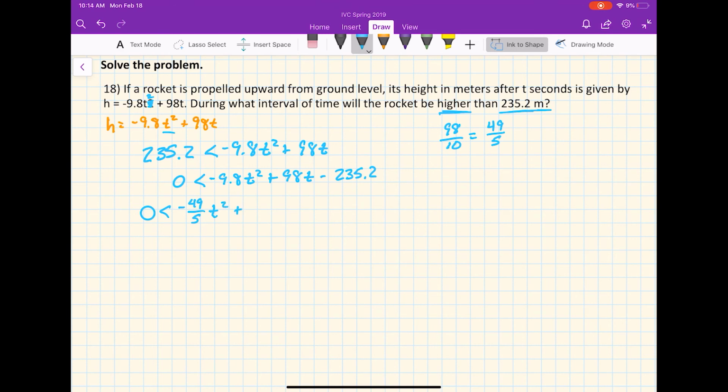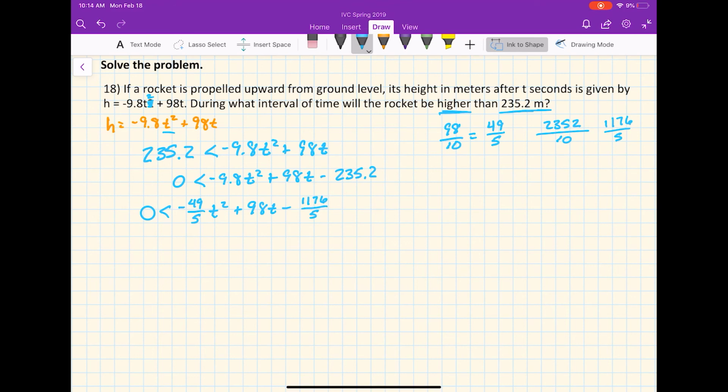So this would be plus 98t, of course. No decimal place in that one. And then this 235.2, we got to get rid of that decimal. So it's 2,352 over 10. And to get that into like terms with the over 5, this cuts in half. So this will be 1176 over 5. So it's minus 1176 over 5.